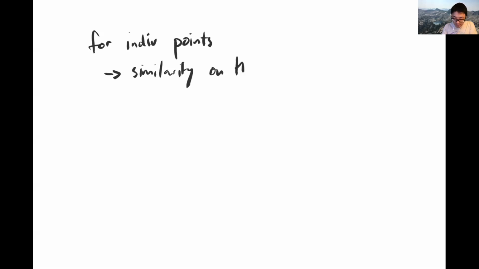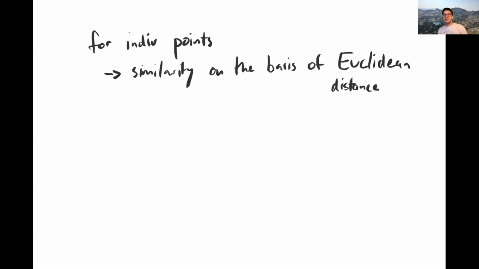So for individual points, this is similar to k-means clustering. It's similarity on the basis of Euclidean distance. So basically how close they are to each other. Okay, and so that is logical, right?